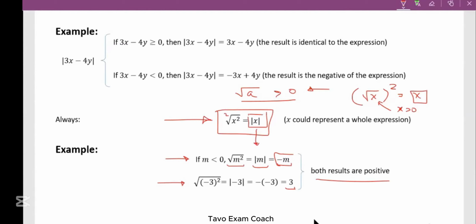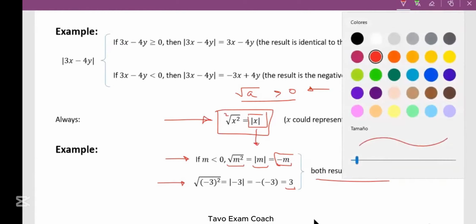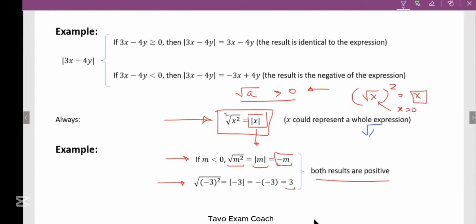This identity can be used in other ways. For example, if you square both sides of the identity, then you get that the square of x is the square of the absolute value of x. So whenever you see an expression like this, you can instantly substitute for this value, x squared, because it's the same.